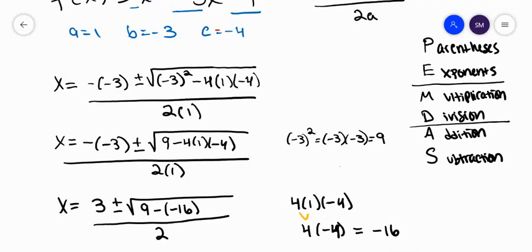All right. So we had no parentheses, we evaluated our exponents, and we did the multiplication and division. Now I can move on to my addition and subtraction.